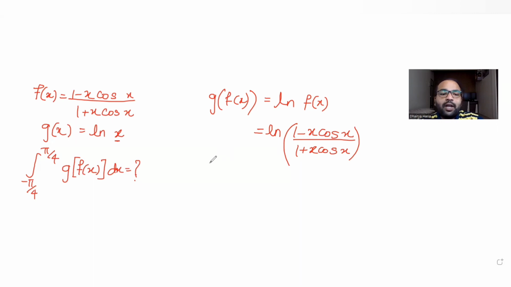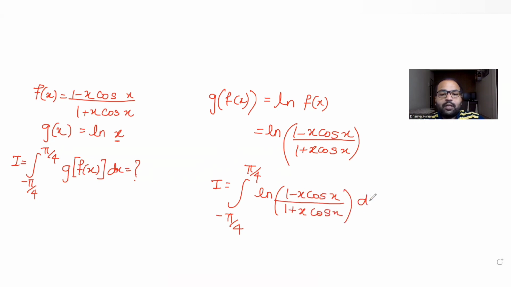Now my entire question changes to this. Let's say I is the integral that I need to find the value for. It goes from minus pi by 4 to plus pi by 4, and instead of g of f of x, I can just write log of (1 minus x cos x) upon (1 plus x cos x) dx.